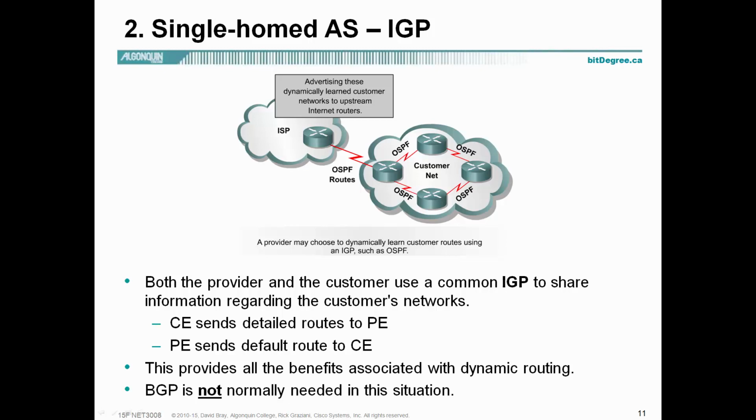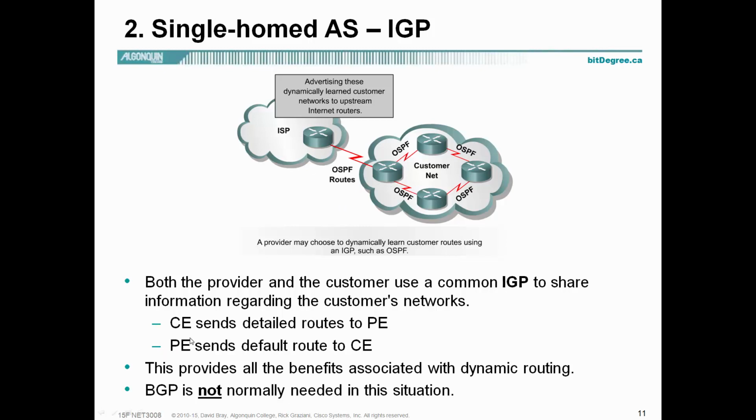The next scenario is still a single homed AS, but in this particular example now, there's some reason for the provider to have more detailed routing information for the customer networks. So in that case, the ISP may well run a common IGP with the customer. And so in this case, we're looking at running OSPF, let's say, and there's an OSPF peering between the CE and the PE.